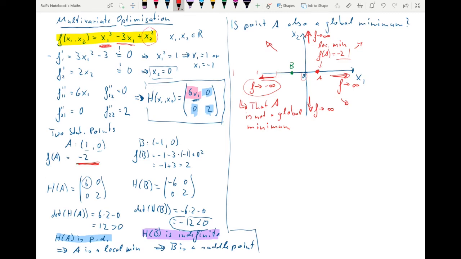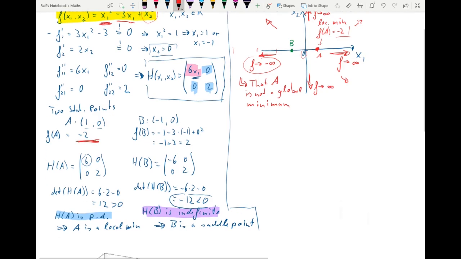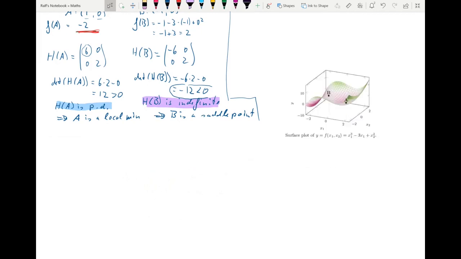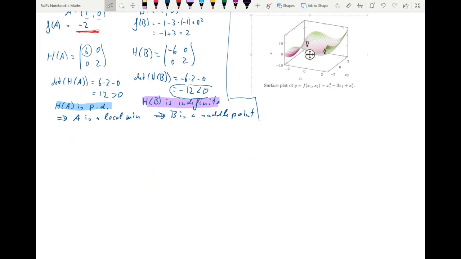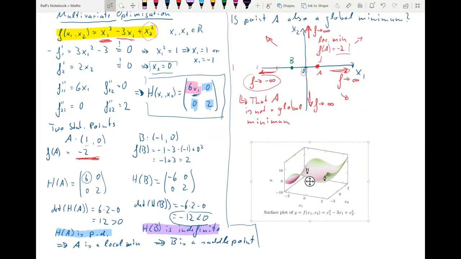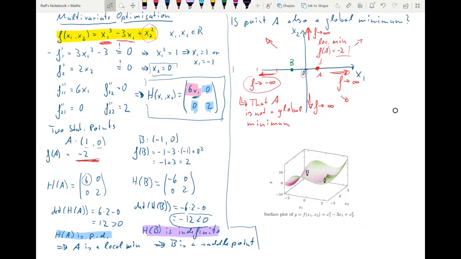Let's see whether everything we've learned chimes with how the function really looks. I prepared a graph. So here is the graph for the function, plotted nicely, and our two points B and A indicated.